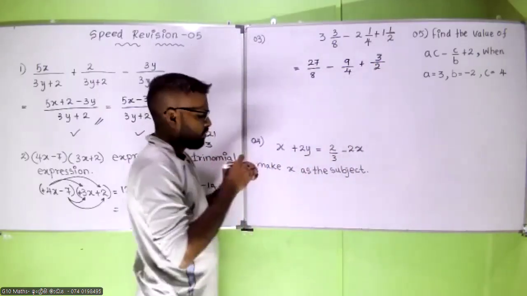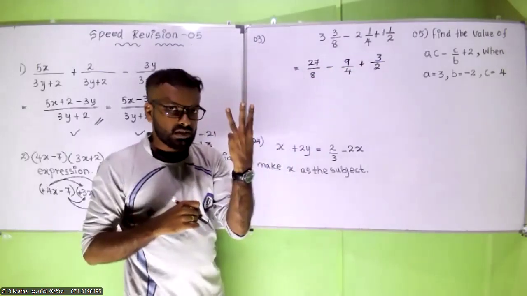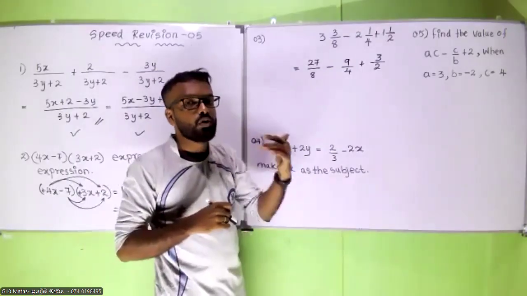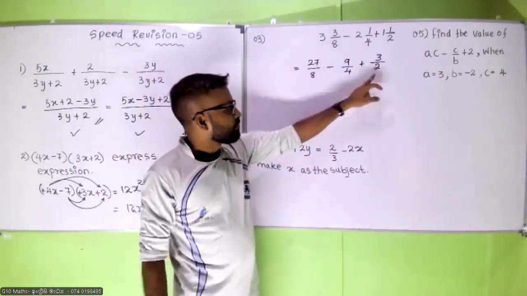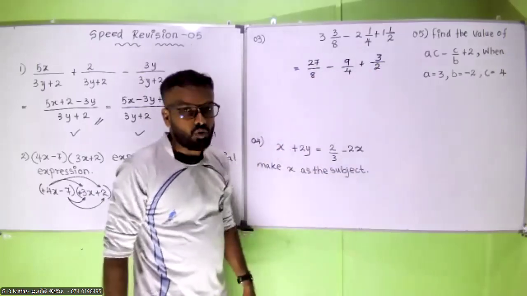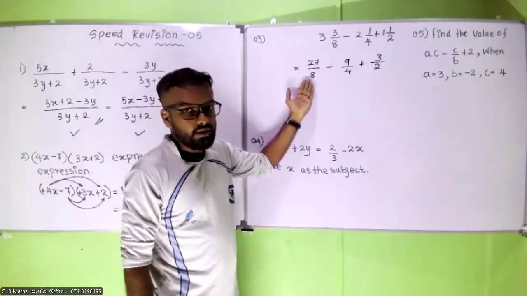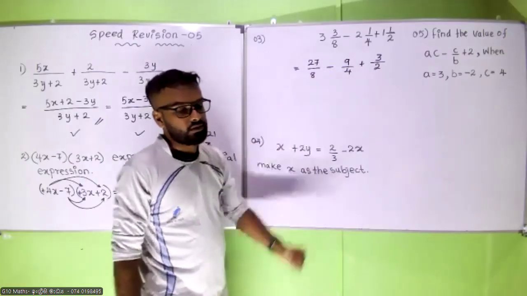So now 8, 4, 2, three different denominators. You need to make sure that you have a common denominator. By looking at this, you know 8 is a multiple of 2 and 8 is a multiple of 4. So your common denominator would definitely be 8, because you can convert 4 into 8 and 2 into 8.